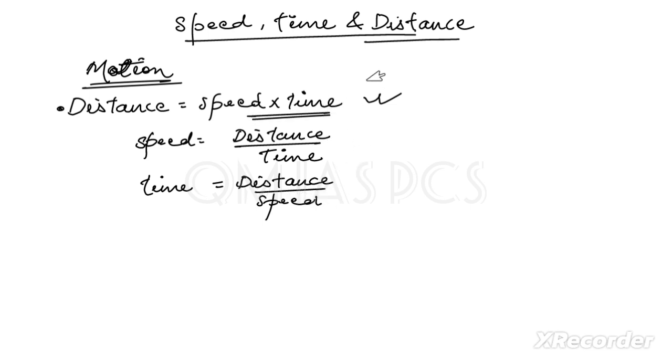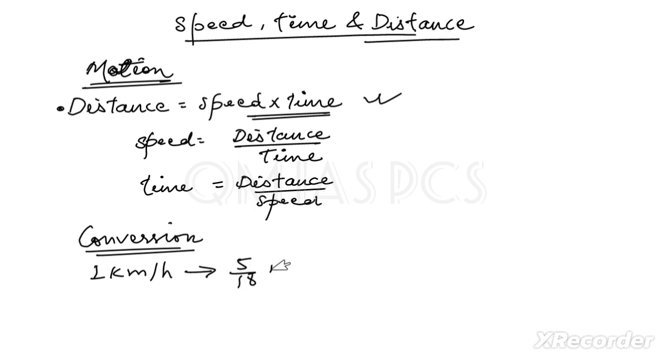Okay, fine. Now the second part is conversion. If it is written 1 kilometer per hour, it is equal to 5 by 18 meter per second. That means whenever you have to convert kilometer per hour into meter per second, just multiply by 5 by 18.